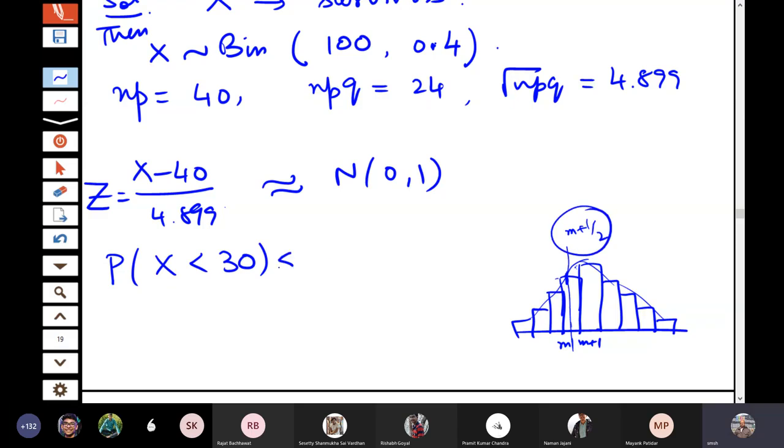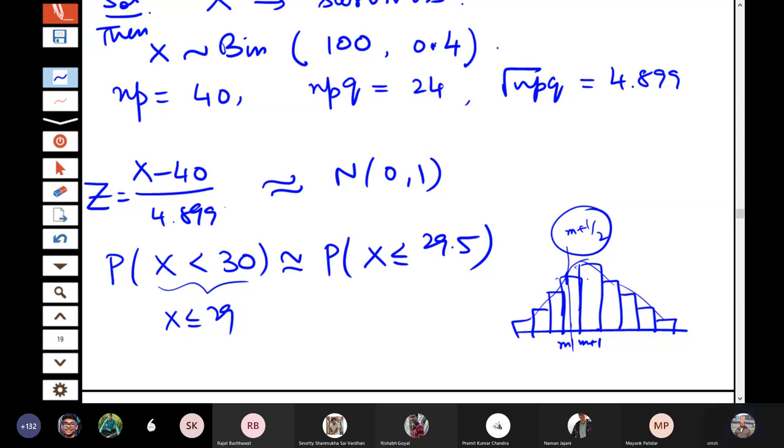So we approximate it by probability X less than or equal to 29.5, because this can be written as X less than or equal to 29 or X less than 30, both are the same. In the continuous case we put the mid value here. This is called continuity correction.